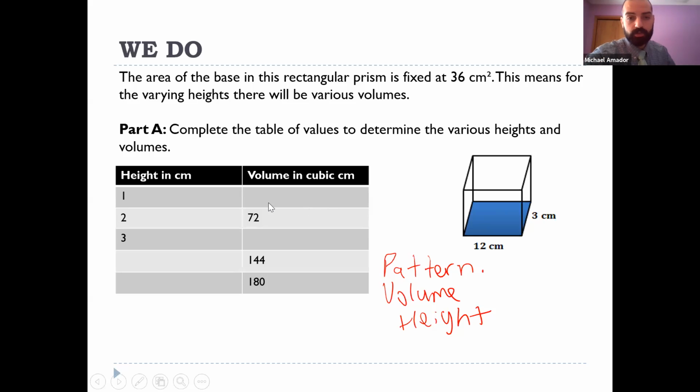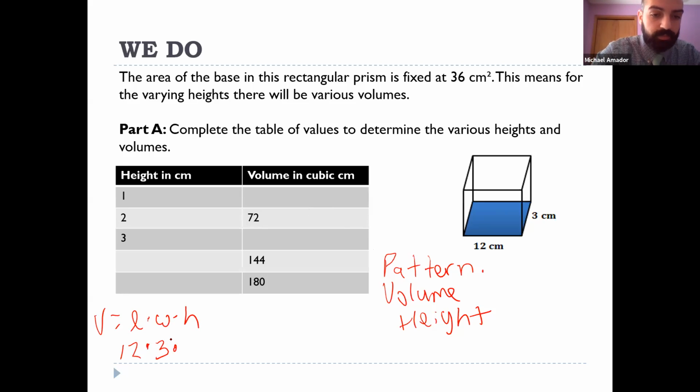So in order to find the first volume in cubic centimeters, we're going to use our volume formula. Volume is equal to length times width times height. Our length is 12 centimeters. Our width is 3 centimeters.